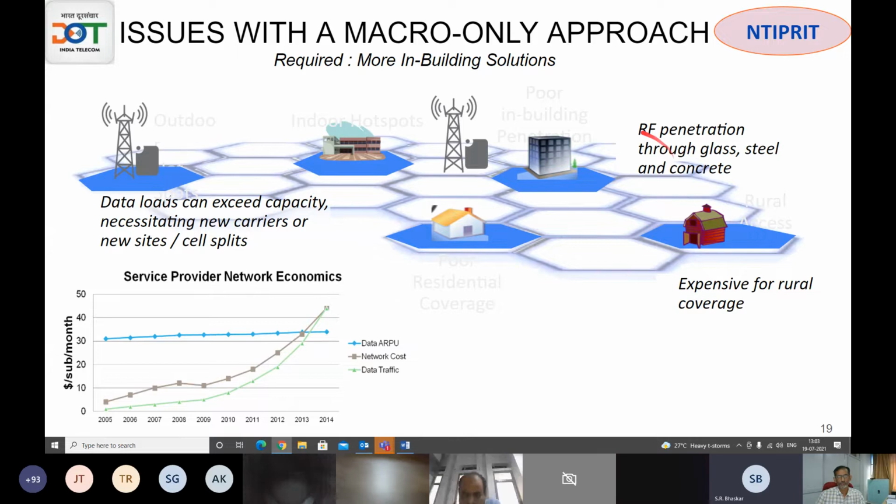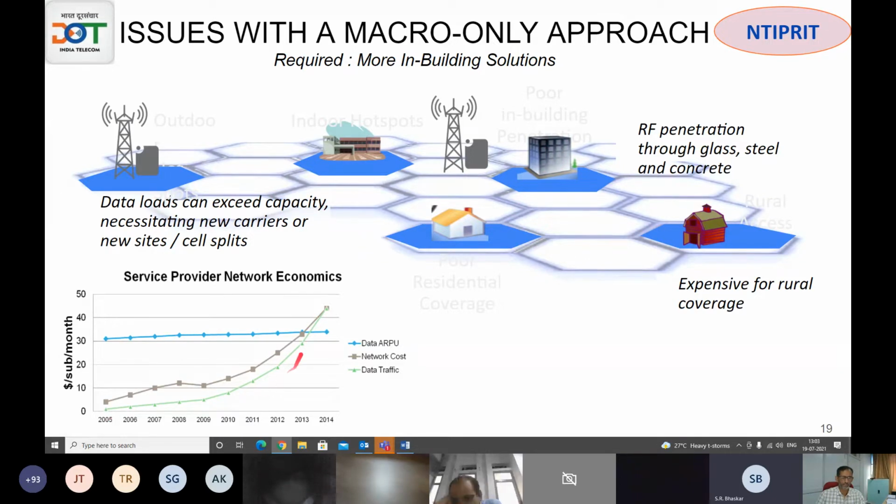Most customers stay indoors, and only when commuting are you outside, which is a fraction of your day. The quality of service is immensely driven by your indoor coverage. There is no denying that.